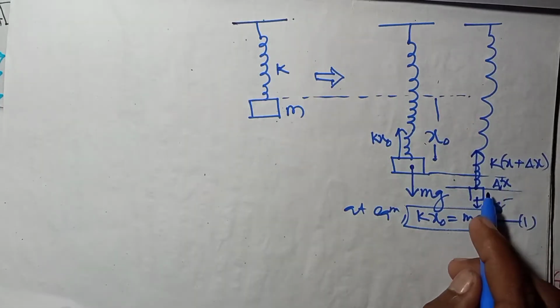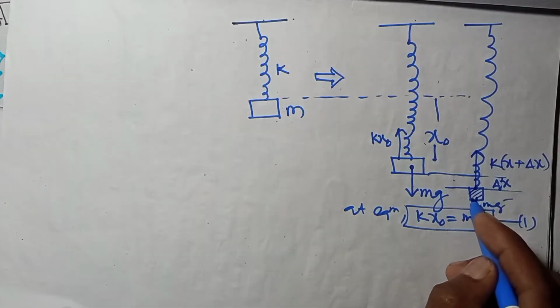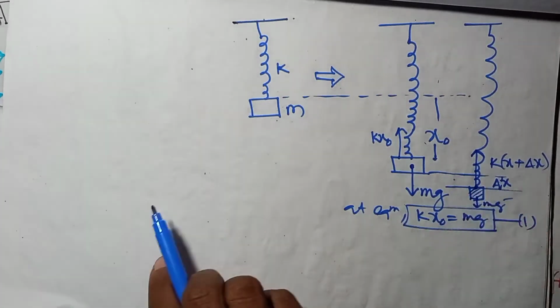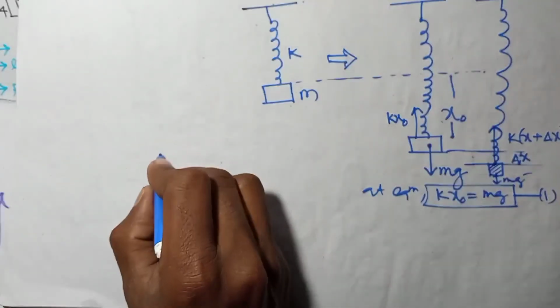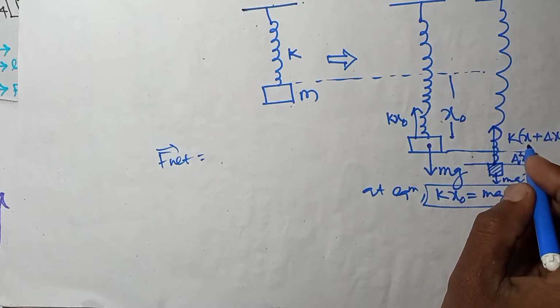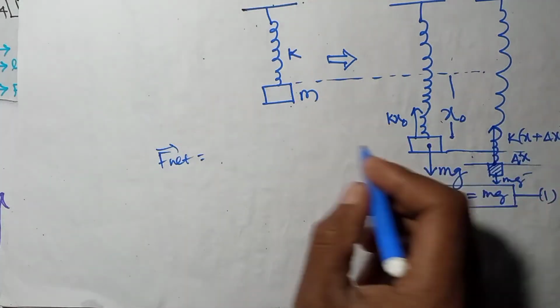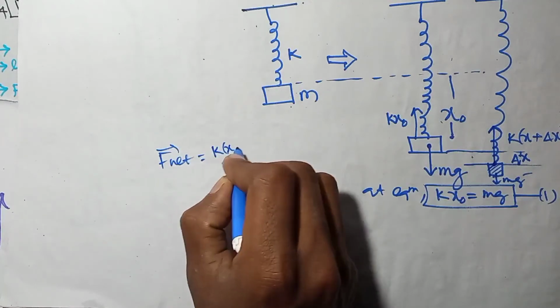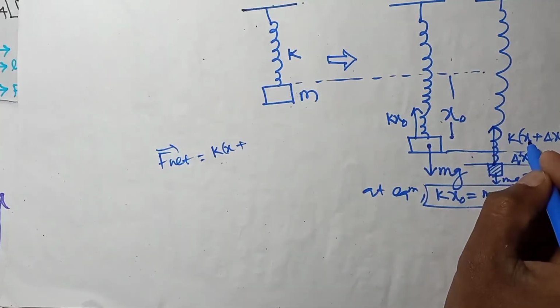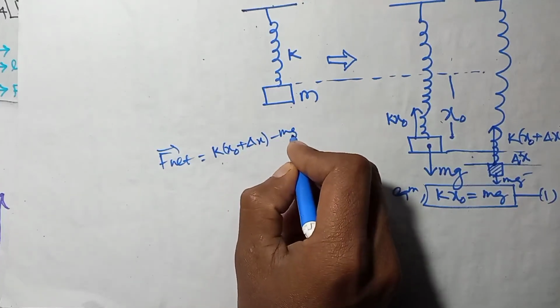So our next task is to find the net force over this body in this displaced position. The net force will be k into x naught plus delta x, acting upward, and mg downward.